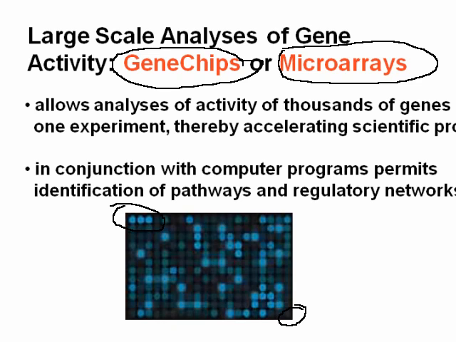So we can use these gene chips or microarrays and then take the cartilage from our operated rats, compare them to our rats that don't have osteoarthritis, and see which genes change in the cartilage in osteoarthritis compared to control.